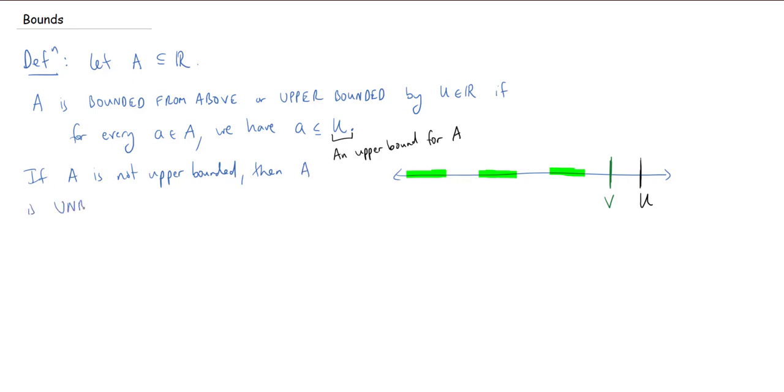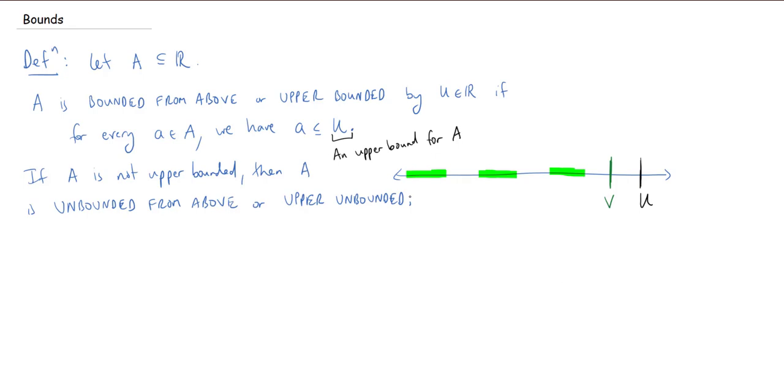Or, of course, there must be some corresponding statement here. We could say A is upper unbounded.